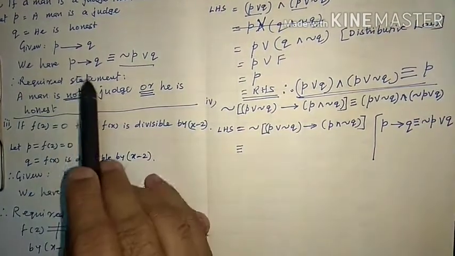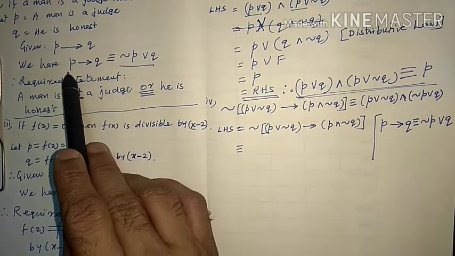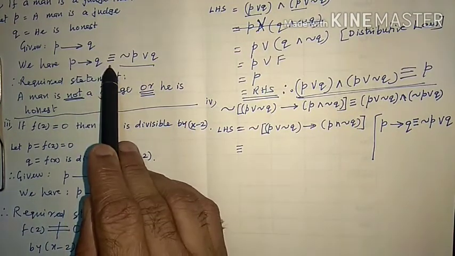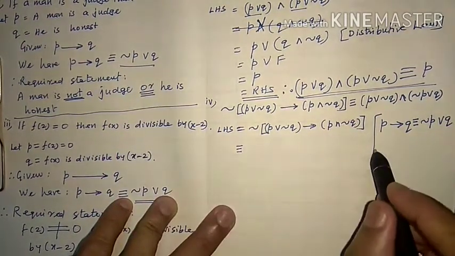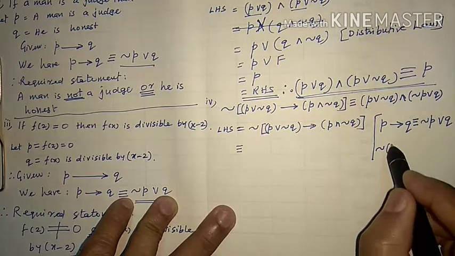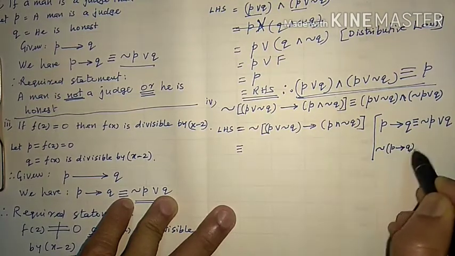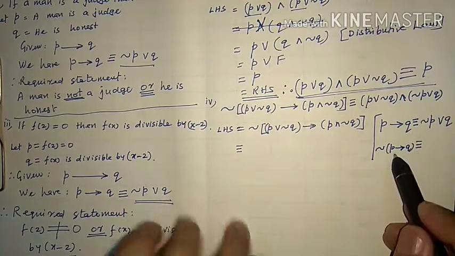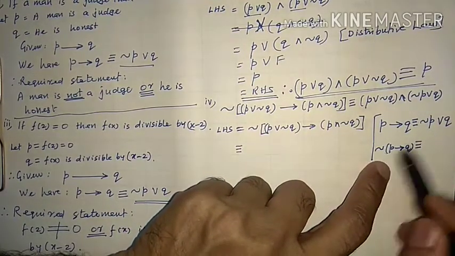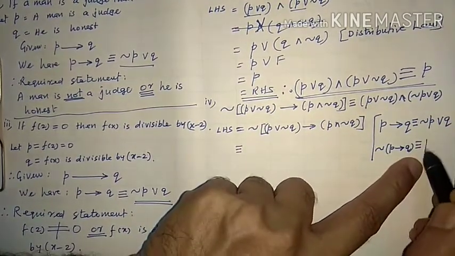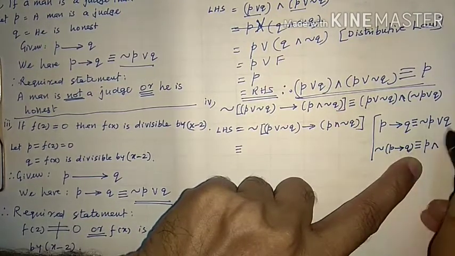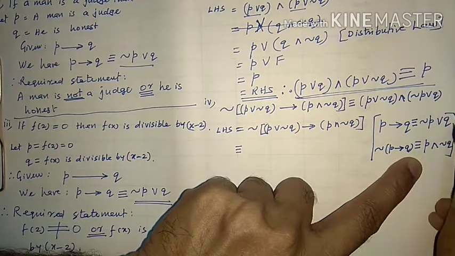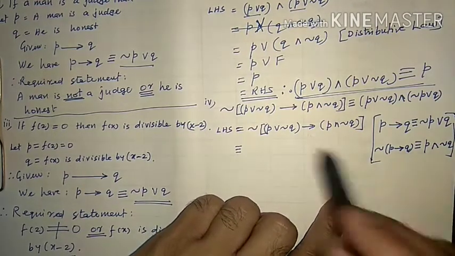Now we want negation of this. Negation of P implies Q is equivalent to negation of this. Negation of negation P is P, disjunction becomes conjunction, negation for next, that is negation Q. This we have to apply here.